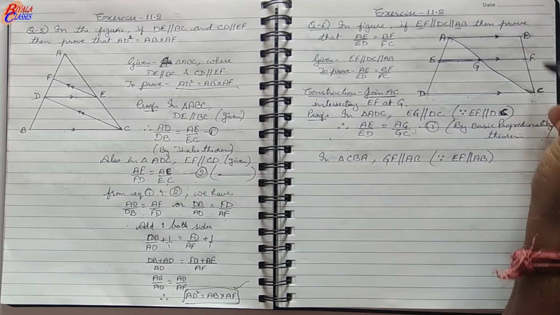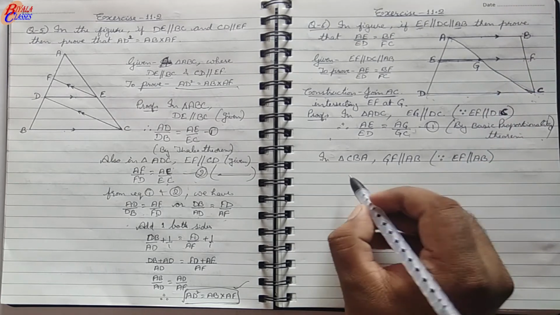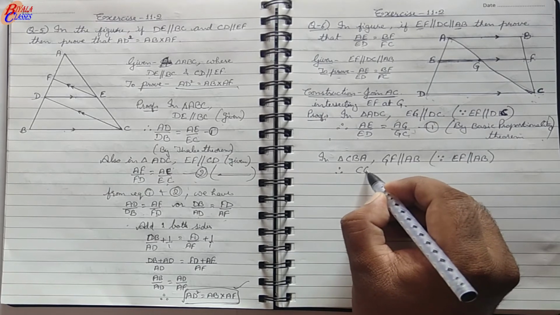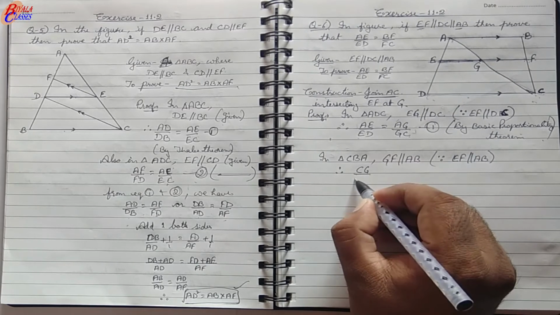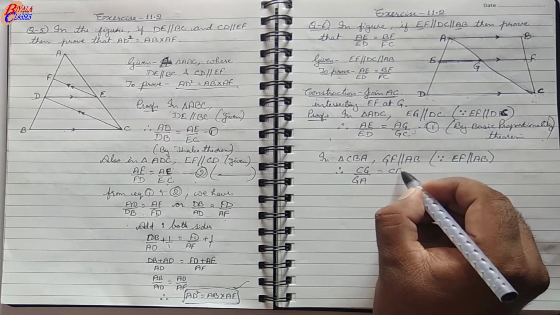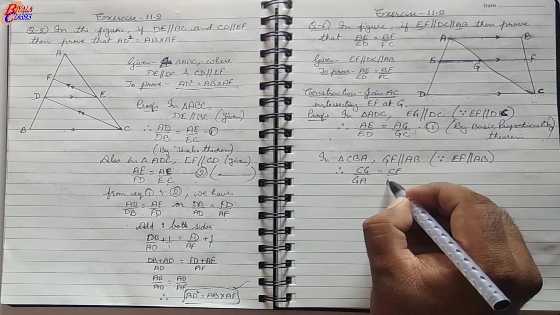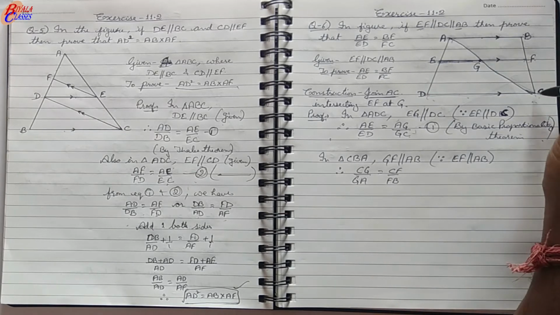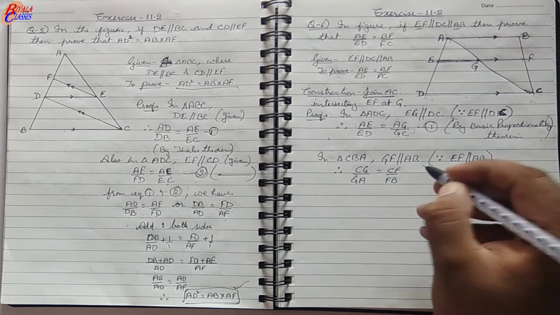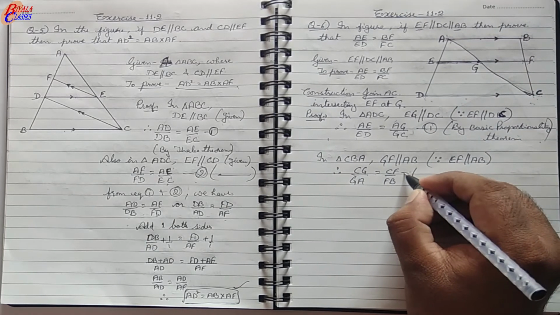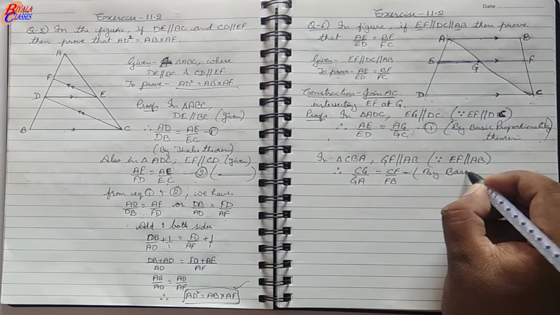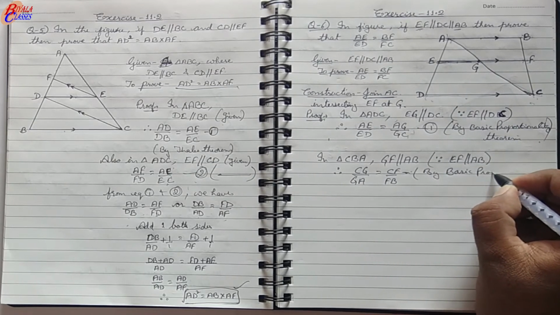Now here if you apply the Thales theorem, the basic proportionality theorem, then what do you have? You have here CG upon GA is equal to CF upon FB. This is also by using the basic proportionality theorem.